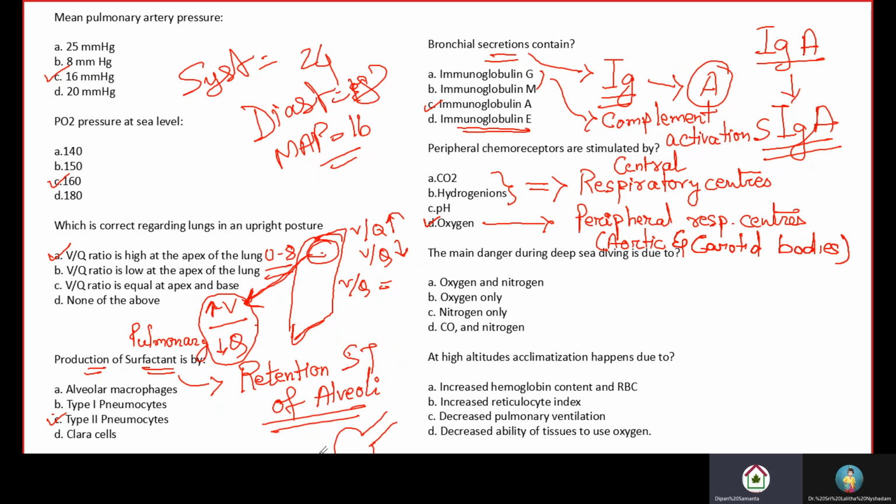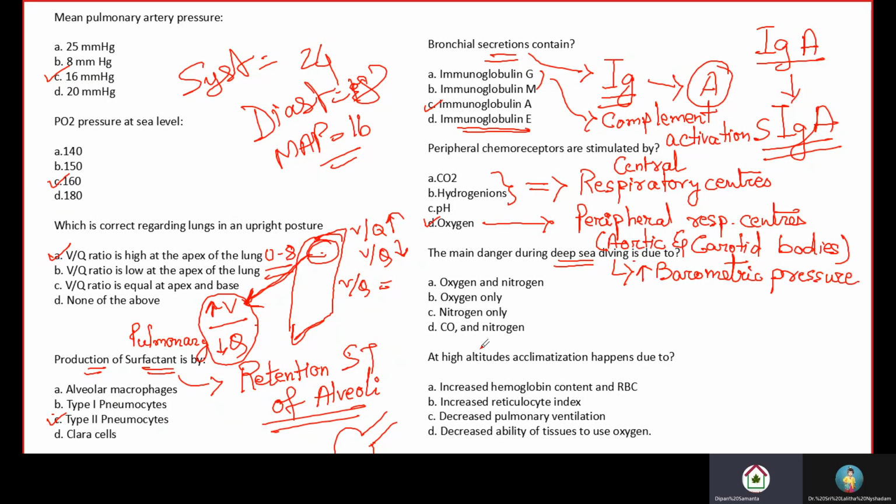First of all, when anybody goes for deep sea diving, in general the problem is exposure to increased barometric pressure.